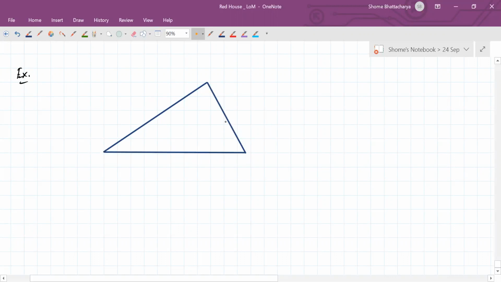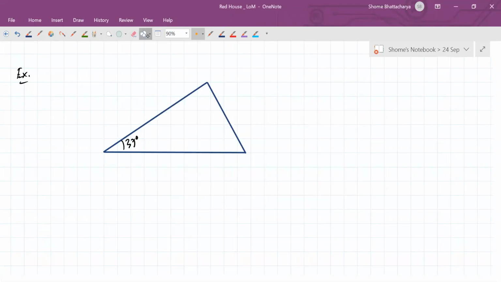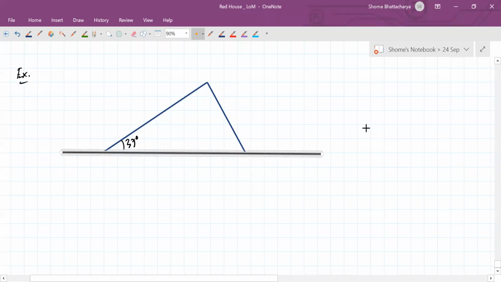Now, this kind of a block is there. It's 37 degrees. Okay. This is lying on a frictionless surface. And there is another block on this. Okay.